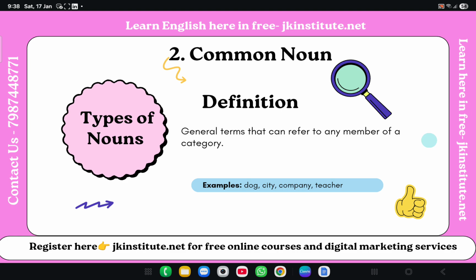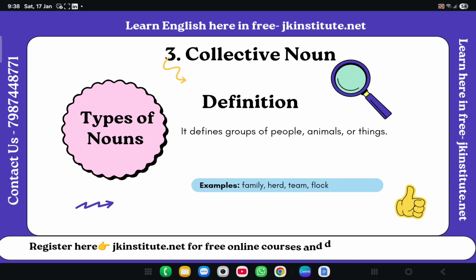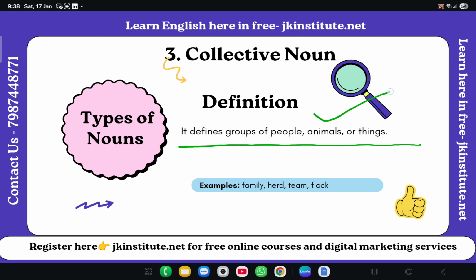Now let's go to another kind, the collective noun. This is the definition of a collective noun: it defines groups of people, animals, or things. When we are finding a collection from the same category, in that way we can recognize a collective noun.